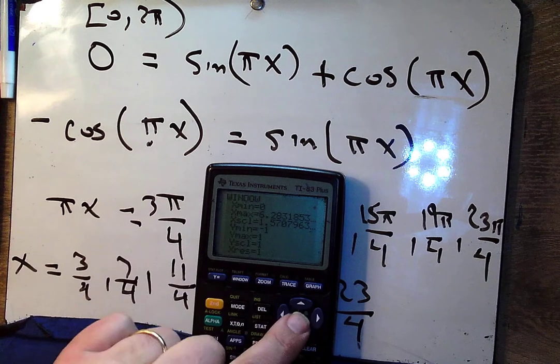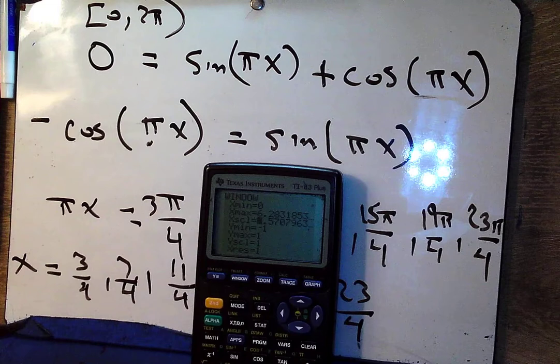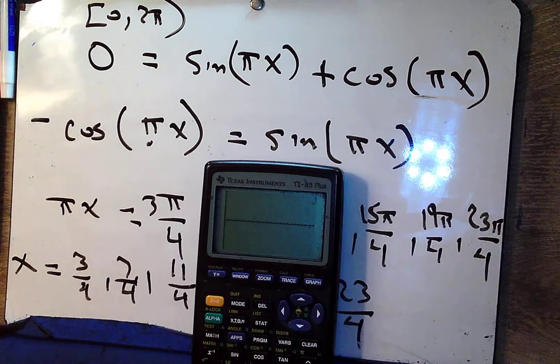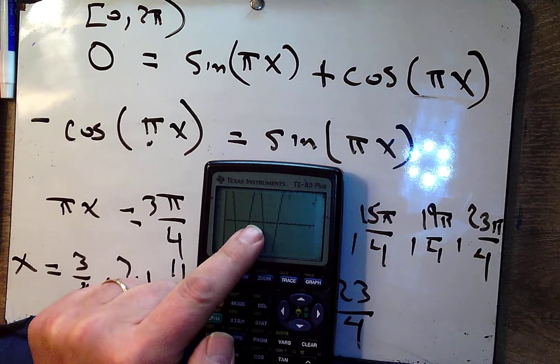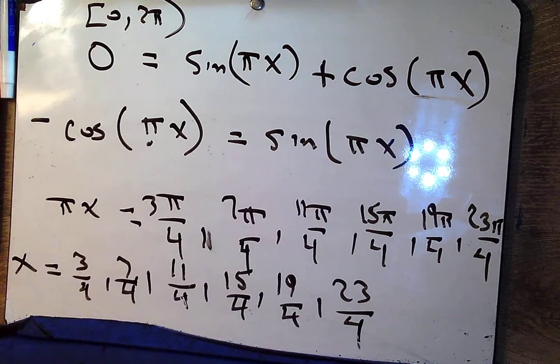And let's change the scale to be fourths, 0.25. Look at that. 3, 4, 5, 6, 7, 8, 9, 10, 11. Yeah, these are the answers.